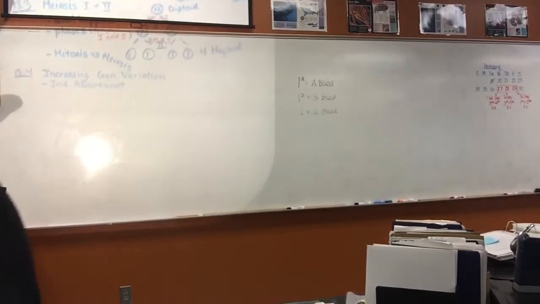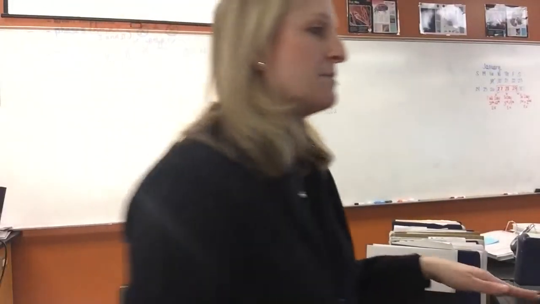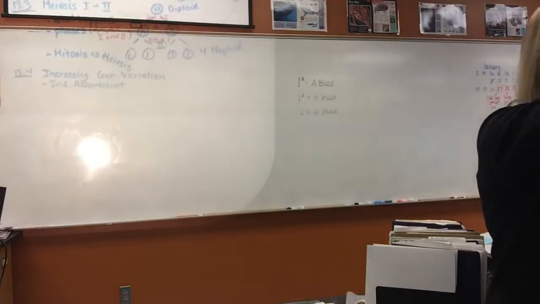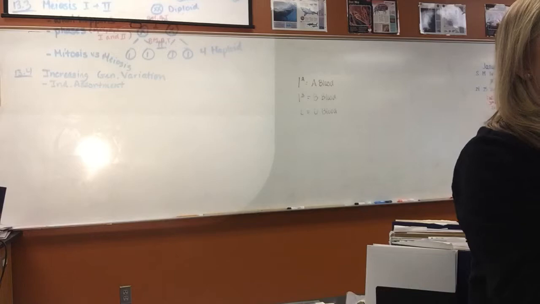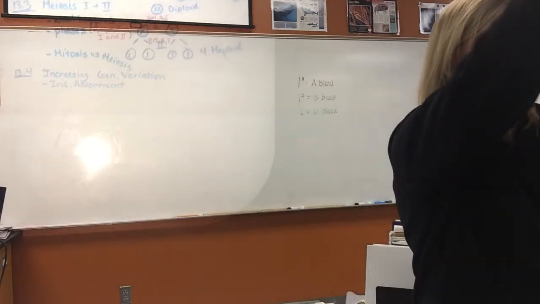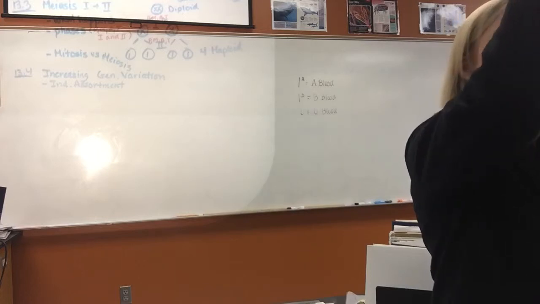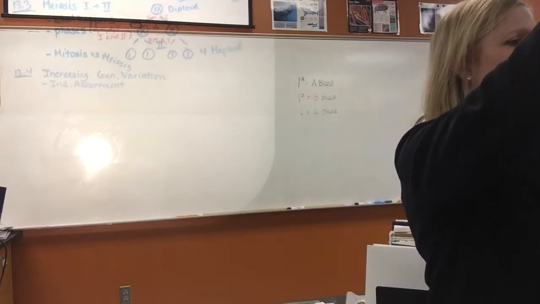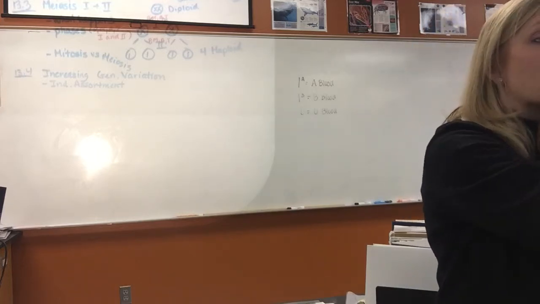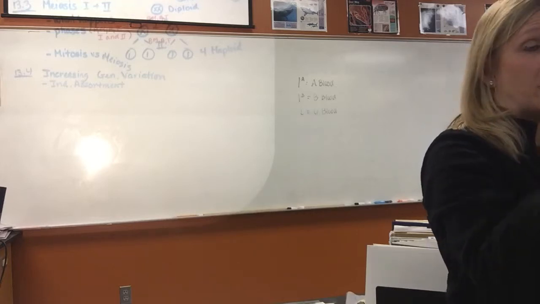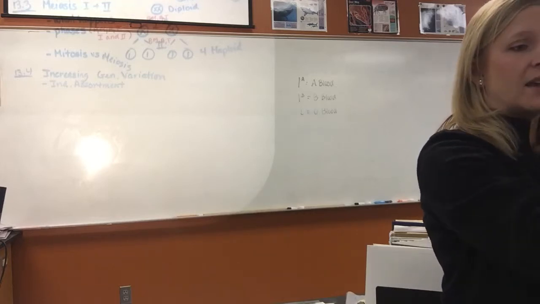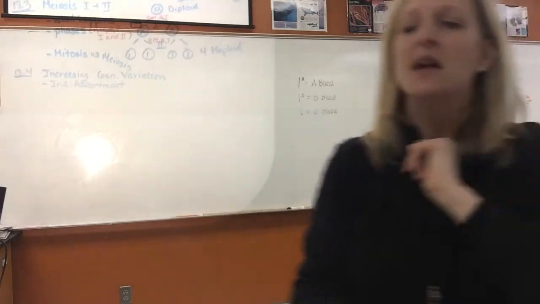Remember that when the chromosomes in metaphase 1 line up with their pairs all down the center of the cell, each pair can line up in 2 different ways. I assign genes like this: big R could be over here and little r over there, and vice versa. Each pair lines up independently of the other pairs. They line up with their pairs, but each one has 2 different ways to line up.